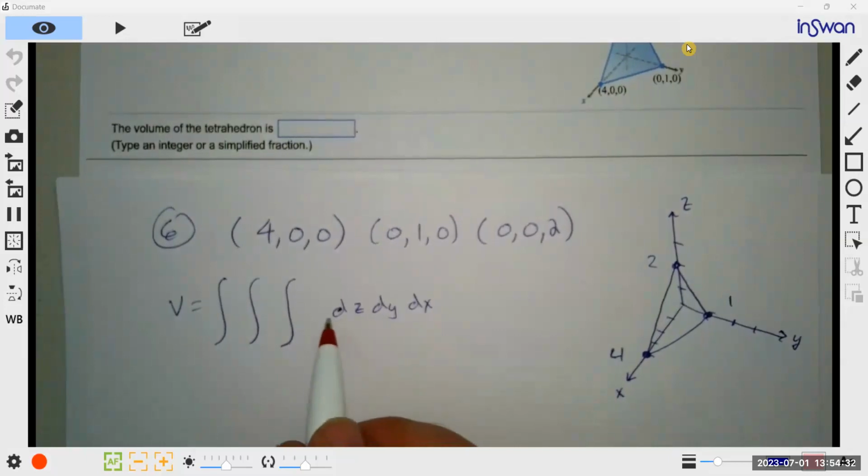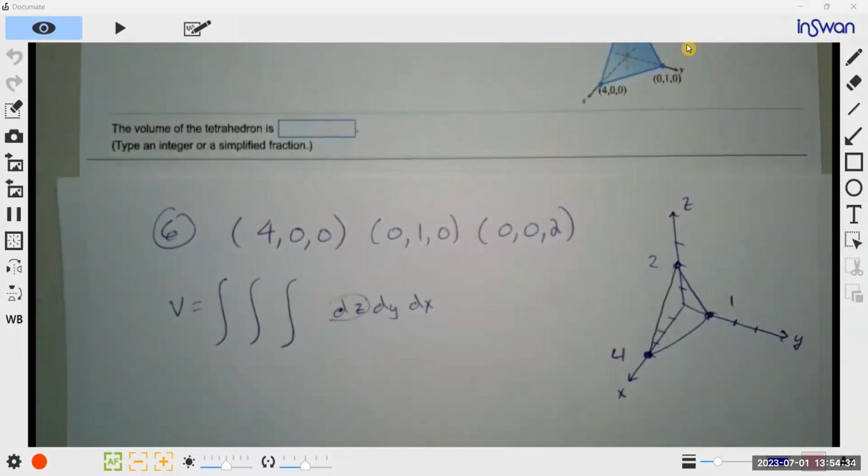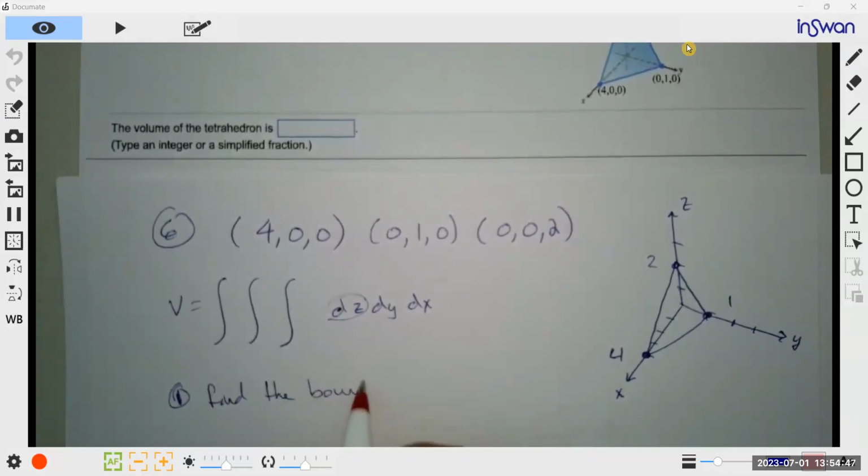So we have to first find the bounds of z.